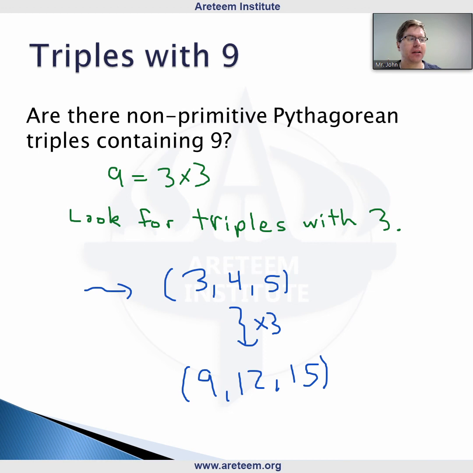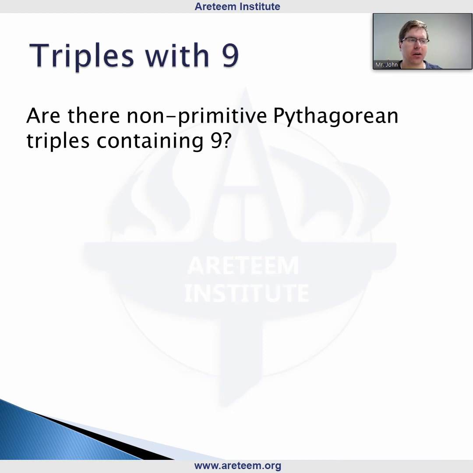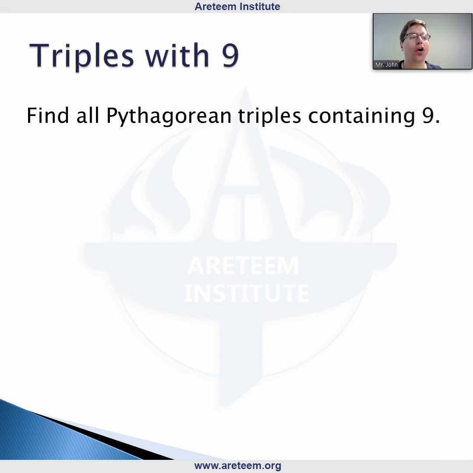So, quick summary then. What are all the Pythagorean triples containing 9? Well, first of all, we have the primitive one. There is one primitive one. In general, there could be multiple, so I don't want to make it seem that there's only one per case.